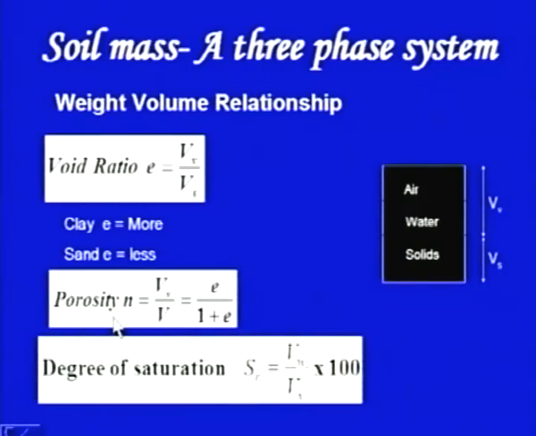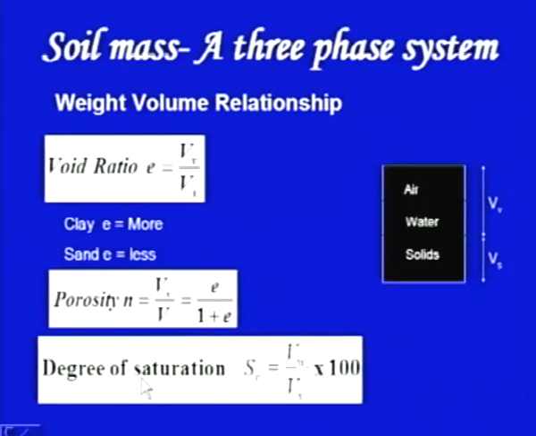Porosity is defined as n equal to Vv divided by V, where V is the total volume of the soil mass. It is a little bit different from void ratio, where void ratio was Vv upon Vs, and here V is nothing but Vs plus Vv. So, the porosity n will be equal to e upon 1 plus e.